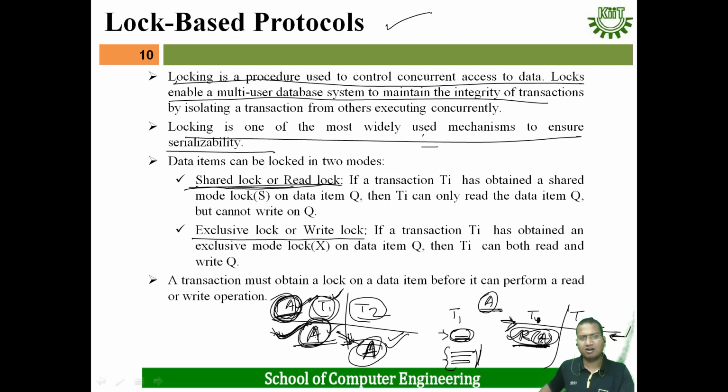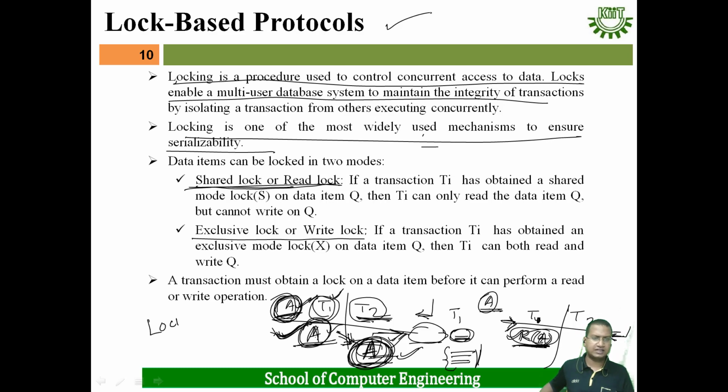Similarly, what is a write lock or exclusive lock? If transaction T2 wants to write or update some data item A, it first requests a write lock from the concurrency control manager. If no other locks are currently present on that data item, the concurrency control manager will grant that lock to T2, and then T2 can do a write operation on A. This is all about the write lock. How is a read lock represented?